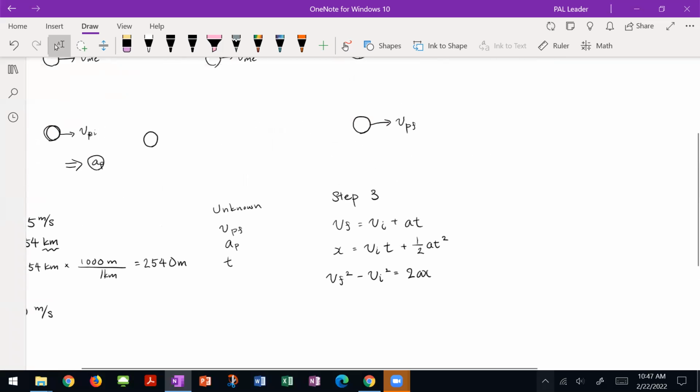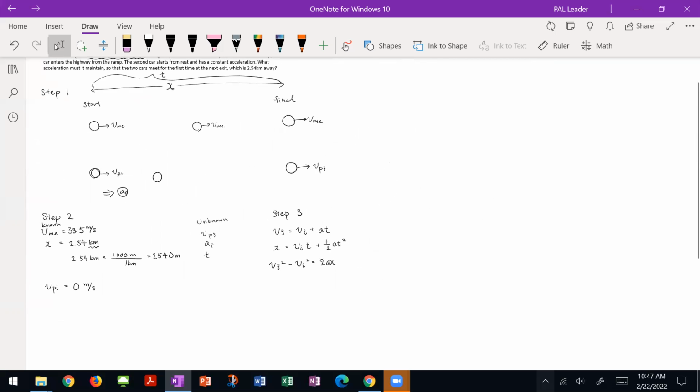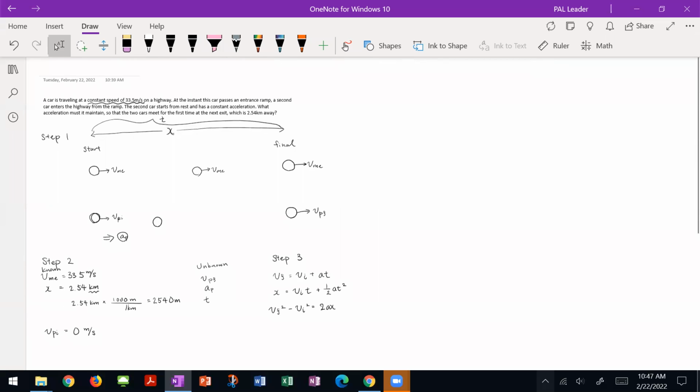Okay, so we got that. And now I think I want to start thinking about how to solve this, because it's got a twist. We want to find the acceleration of the police car.